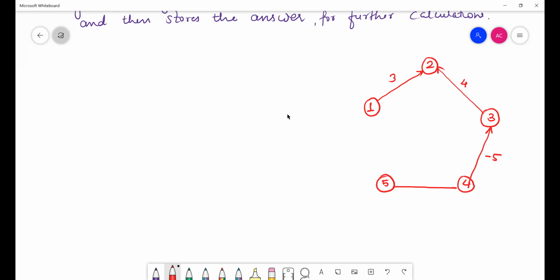Okay, at least you know this thing. Can the weights be negative also? No, sir. Why? They can be negative, but they cannot be solved by Dijkstra's. The weights cannot be solved by Dijkstra's if they are negative. In this graph, I'm taking the example of negative weights also.